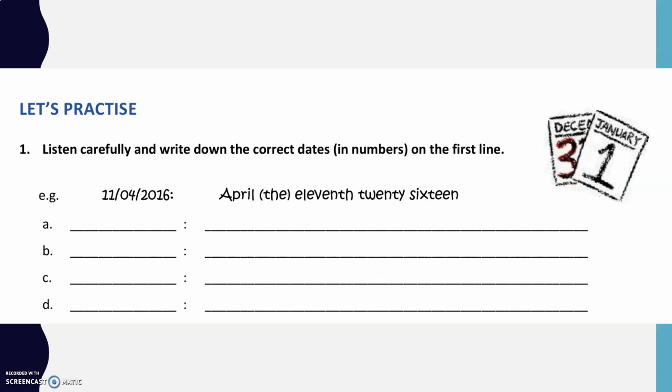Second one, December the 31st, 2030. December the 31st, 2030. Third example, the 7th of February, 1938.